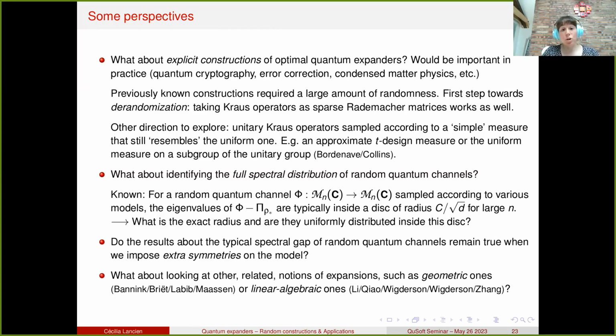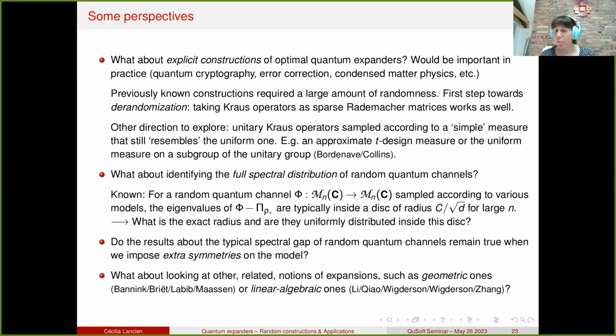And then the final question would be, here I've presented to you one notion of expansion, so this spectral expansion, but there are other ones that you can define. So some more geometric notions of expansion that somehow measure how uniformly your quantum channel is spreading into space.